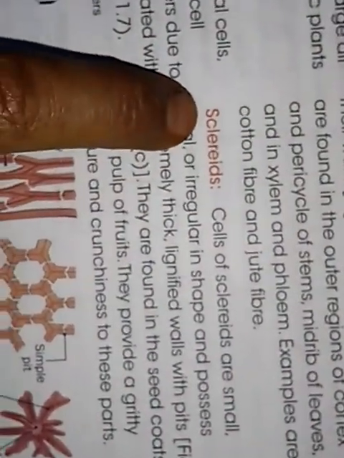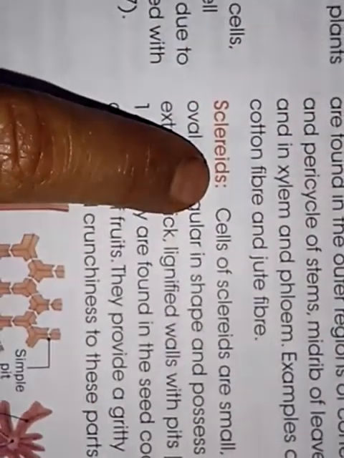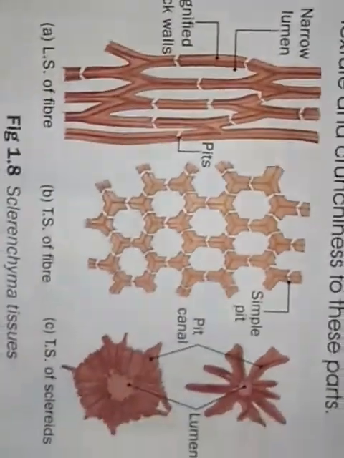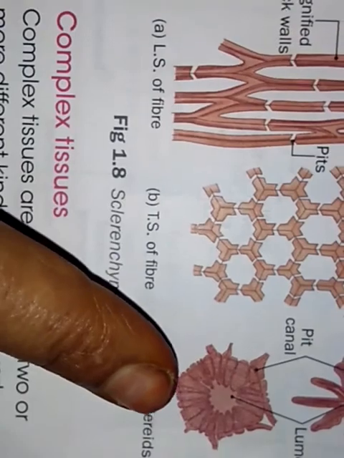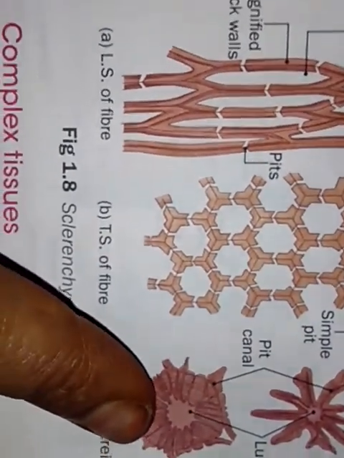What do you read? Sclerids. They are made up of small oval shaped cells.